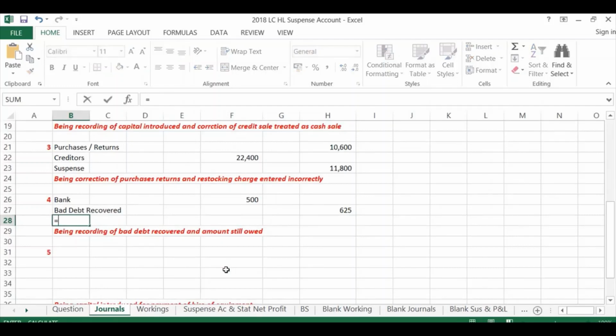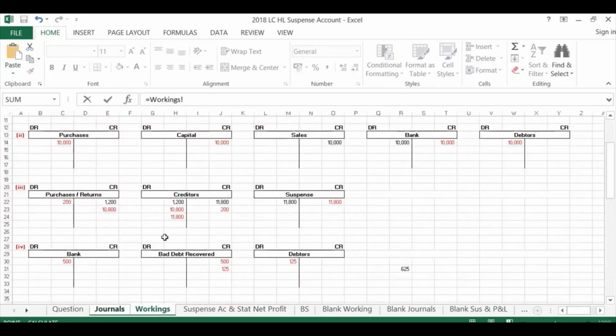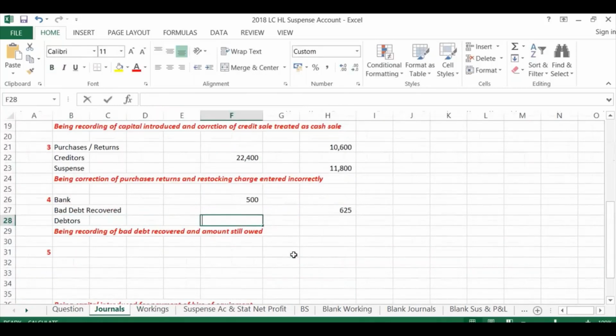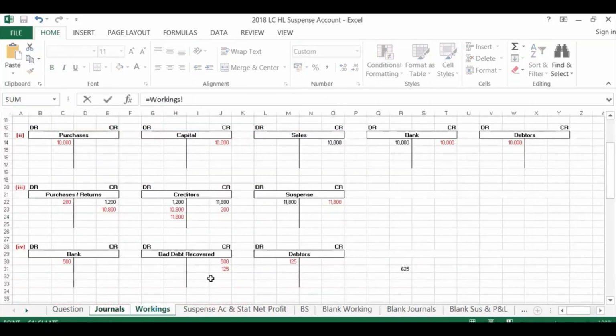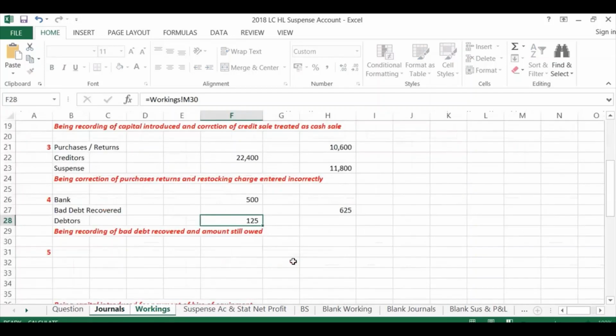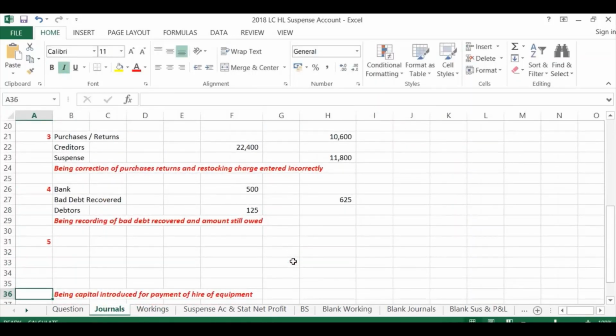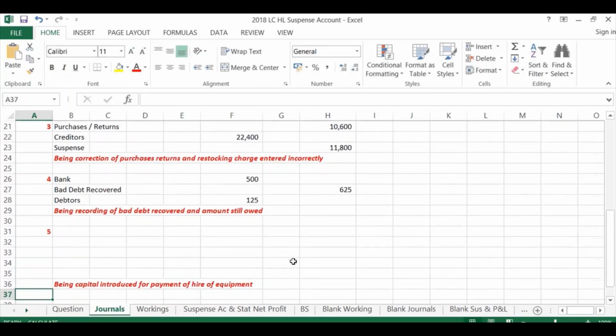And the last entry here, I'm going to have debtors, and the debtors is a debit balance of 125. And that balances, and the sentence we're going to have is being recording of bad debt recovered and amount still owed.